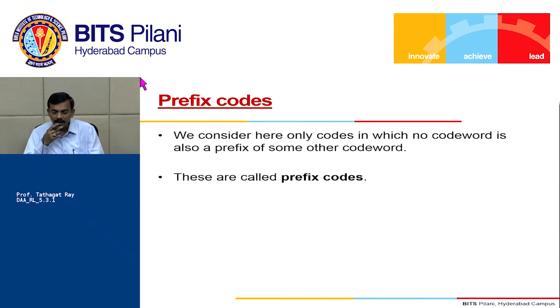Now we will assume that we will only be looking at prefix codes. So what is a prefix code? We consider only codes in which no code word is also a prefix of some other code word. So I cannot have A as 0101 and B as 10101, because that's a prefix.